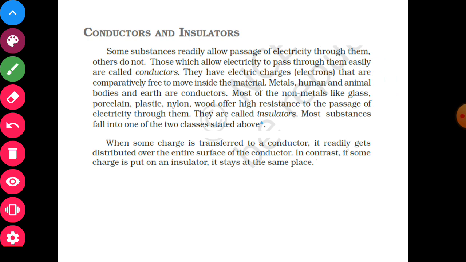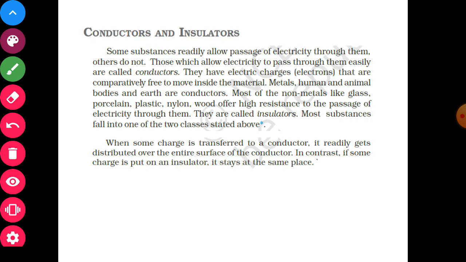When some charge is transferred to a conductor, it readily gets distributed over the entire surface of the conductor. In contrast, if some charge is put on an insulator, it stays at the same place.